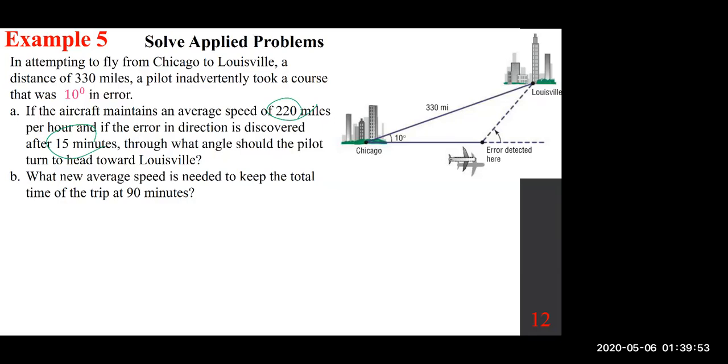So what distance do we cover if we are doing 220 miles per hour over the course of 15 minutes? We have to multiply the speed by time. So what is our timing, everybody? How would we write the timing?